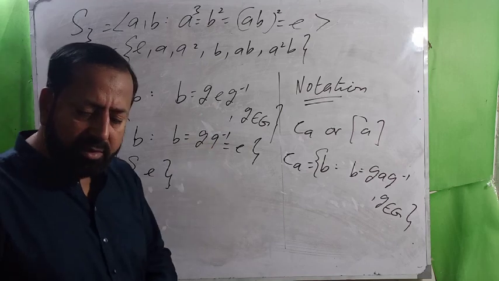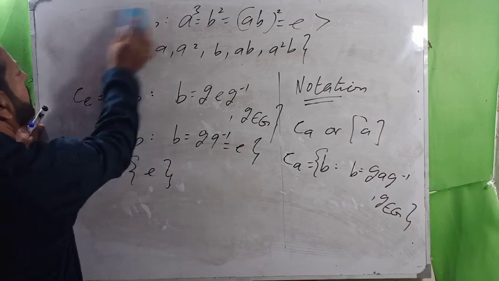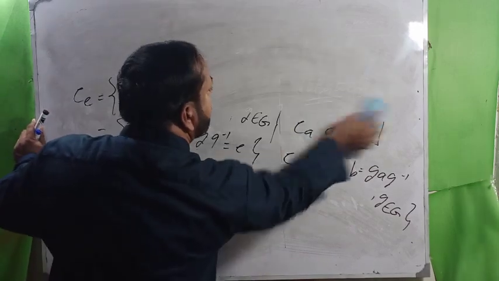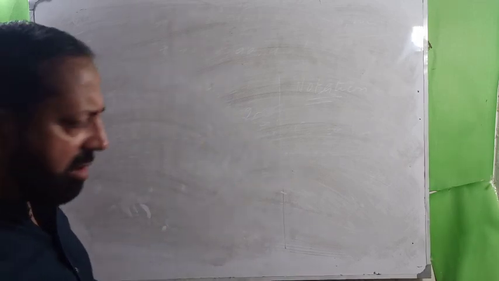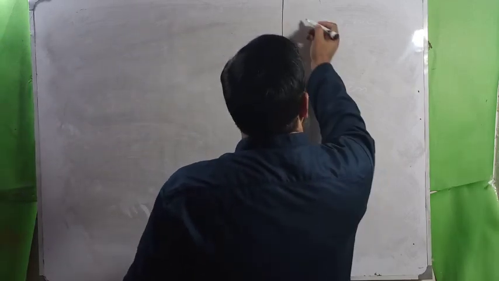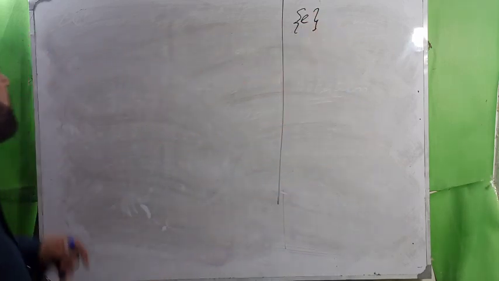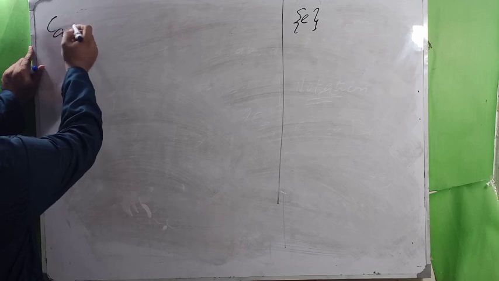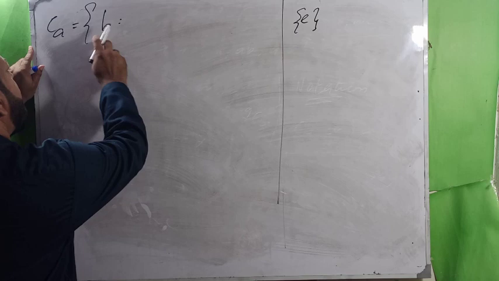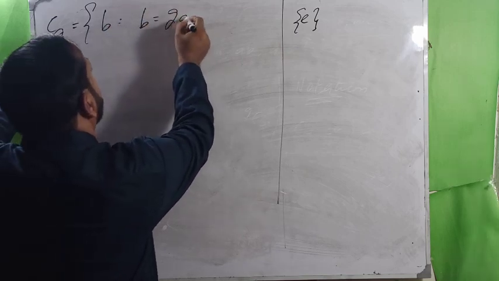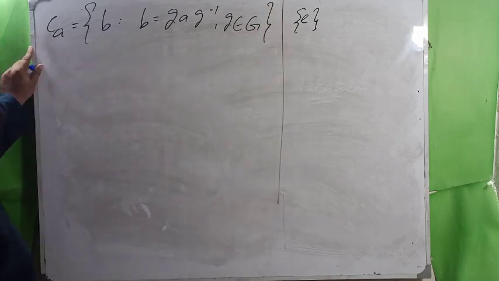Okay. Now, can you find the other classes as well? So one class is the identity. Okay. So next we find the class C(A). C(A) consists of those B where B is equal to gAg inverse, where g belongs to G. Right?